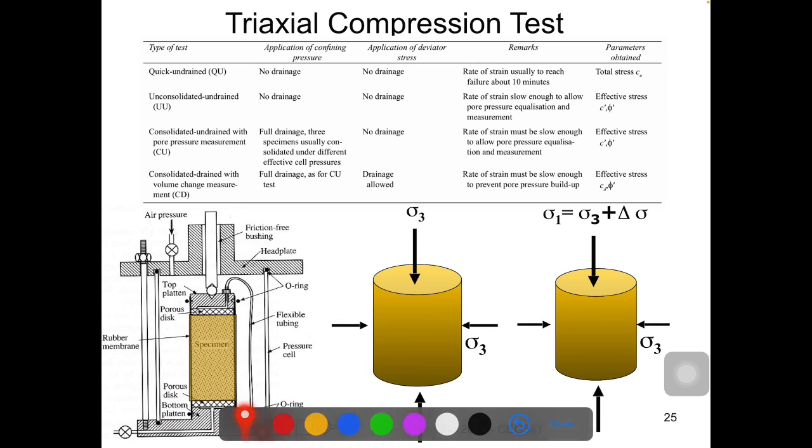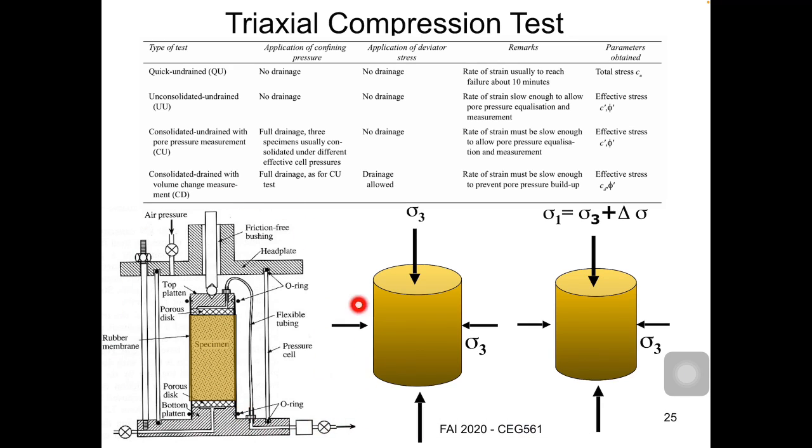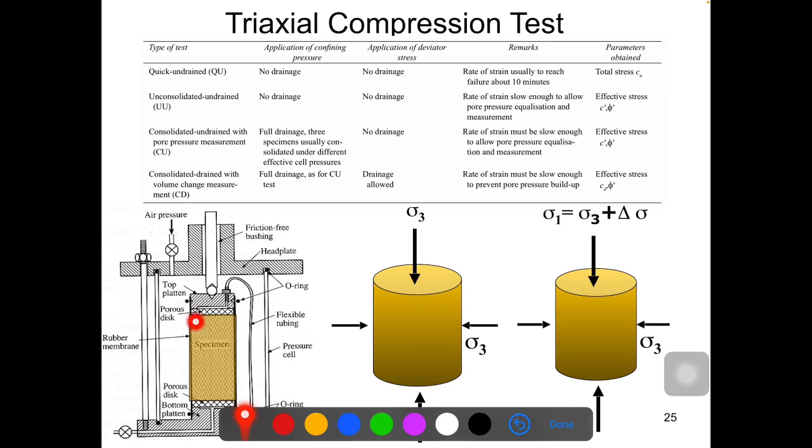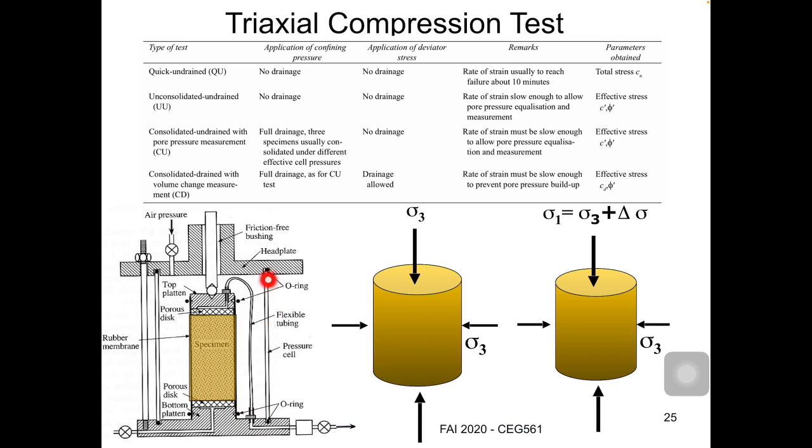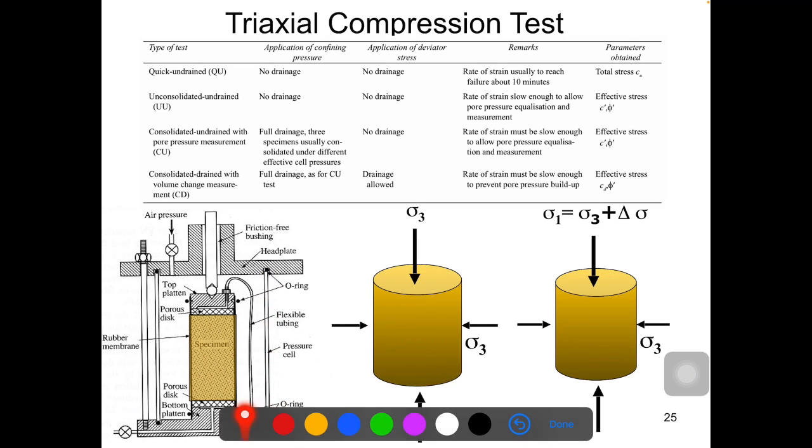So this is the triaxial equipment. This is the specimen, or your soil. You put it here with the membrane, and then it is full of water in this equipment.